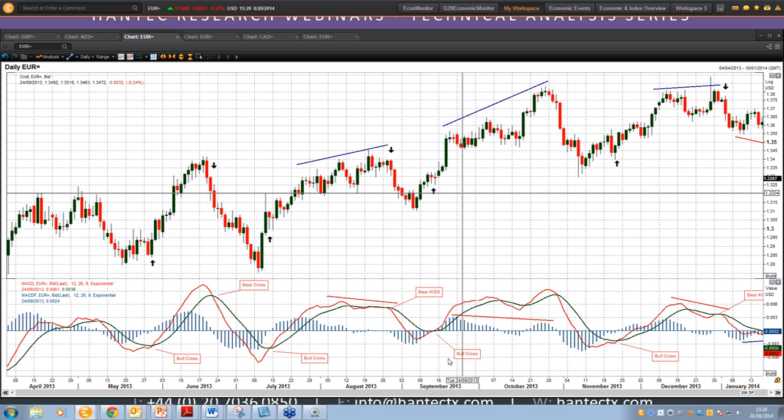If you're in a trending market, your MACD lines are tending to be more often than not in positive territory, and even if they do dip into negative territory, which they have done here, you could quite easily get just a shallow move into negative territory.